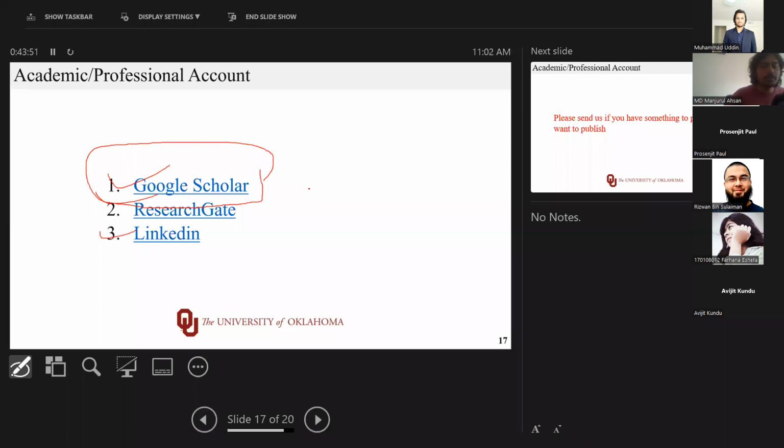When you have a paper, Google Scholar will automatically update it in your list. But if you open your Google Scholar account now, you already reduce your workload. Slowly you are achieving different goals.